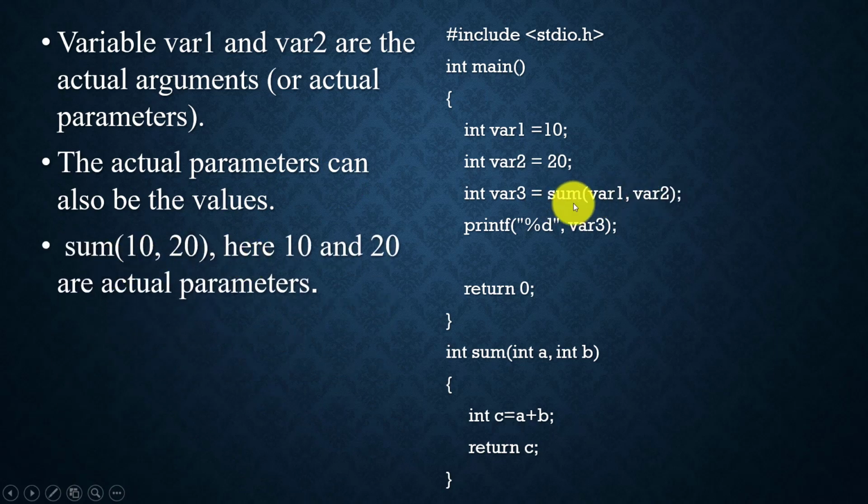In this calling function, sum of variable 1 and variable 2 becomes sum of 10 and 20, and 10 and 20 are the actual parameters. Now we copy the actual values of the arguments into the formal parameters. With formal parameters A and B, the value of A becomes 10 and the value of B becomes 20. So it simply copies and stores them into the formal parameters in case of call by value.